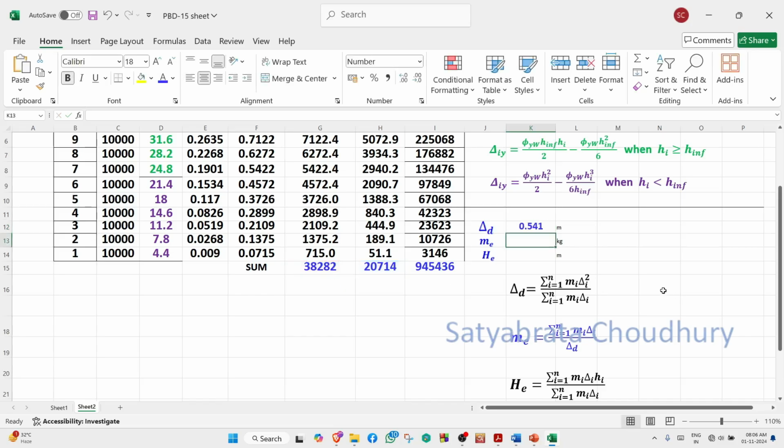Yes. Then ME is given through this formula, summation mi delta I divided by delta D, that we have just calculated. The delta D is 0.541.